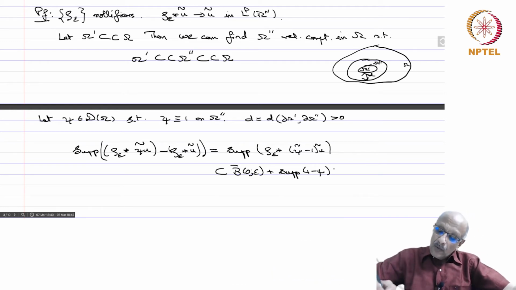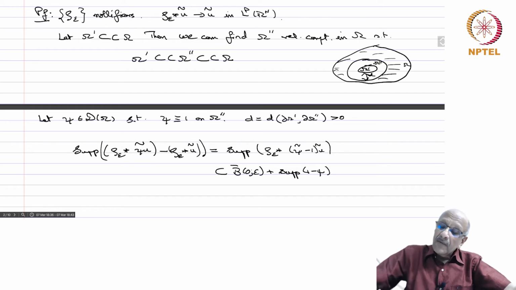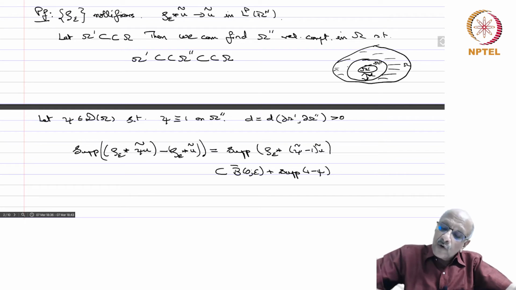Okay. Now the support of 1 minus psi is somewhere here, because on omega double prime psi is equal to 1, and therefore the support of 1 minus psi will be outside omega double prime, and to that you are adding an epsilon distance, a ball of radius epsilon. So you will have to include a small portion here.